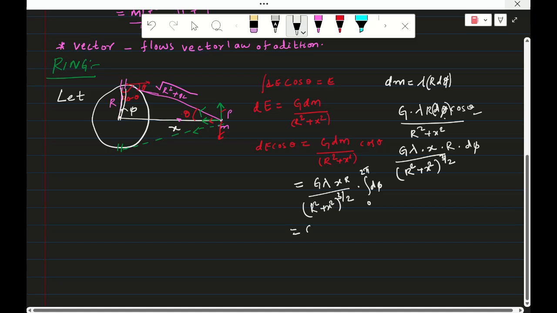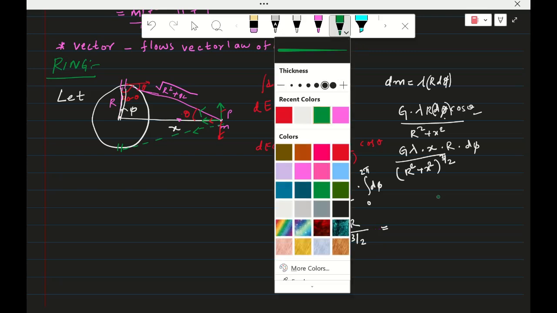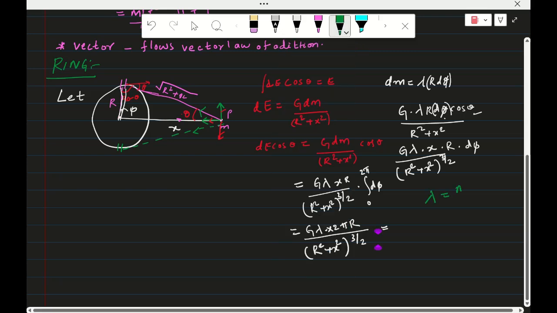So that is equal to G into 2 pi r x by r square plus x square whole power 3 by 2. Now convert this into m, whereas lambda is equal to m by 2 pi r.